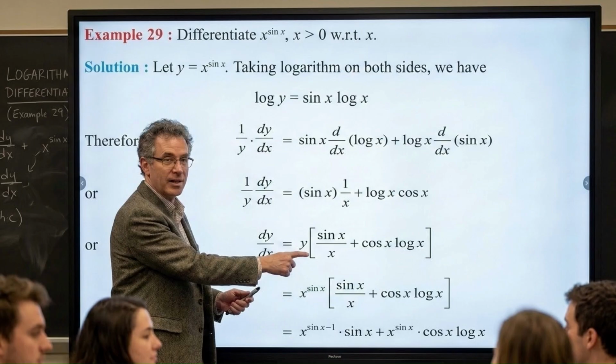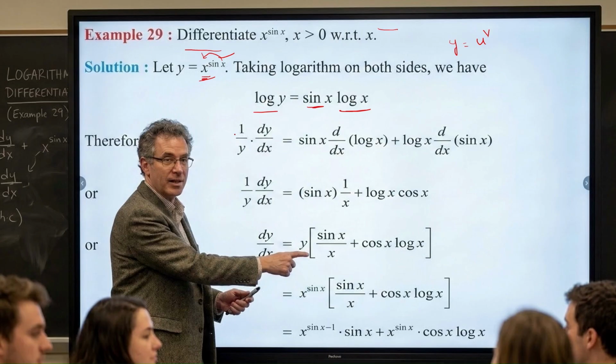Example for that. First one: differentiate x to the power of sin x with respect to x. Now x to the power of sin x is in the form u power v. In this case I have to apply the log on both sides. Log y is equal to, when I apply the log to this function, sin x comes to the front: sin x into log x. Now I differentiate with respect to x.